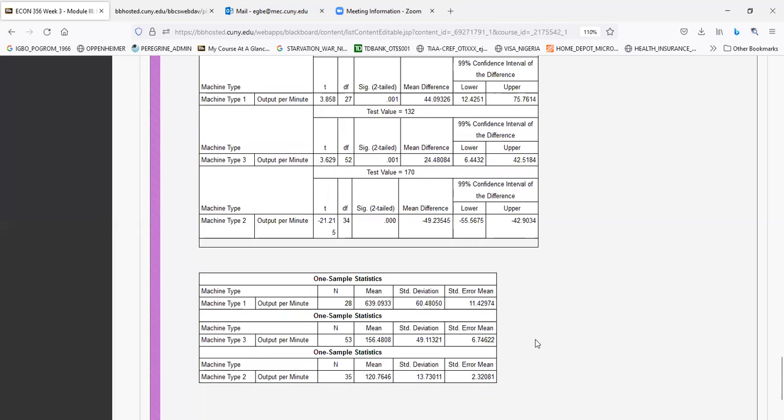You could calculate them from scratch, but I already gave them to you. You have your sample mean and sample standard deviation, and you can go through the entire process using the PowerPoint slides. But you have to do it for each of the machines.